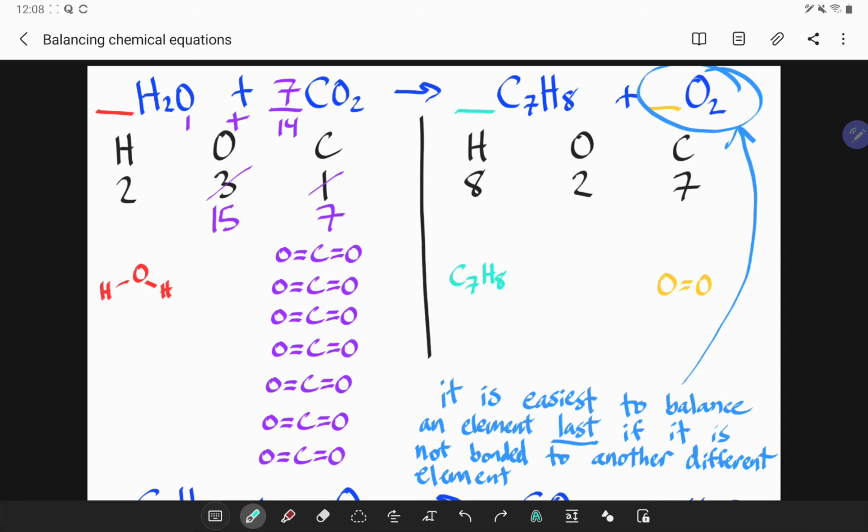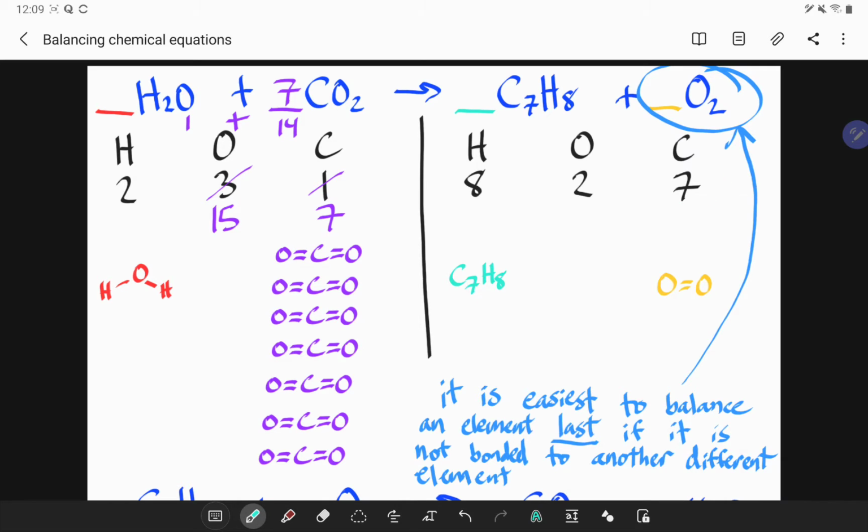And then I have 1 oxygen right over here, plus 2, 3, 4, 5, 6, 7, 8, 9, 10, 11, 12, 13, 14, 15 oxygens. That matches up. It's helpful when I draw this out, so that's what I'm doing for us here. We now see that carbons are balanced.